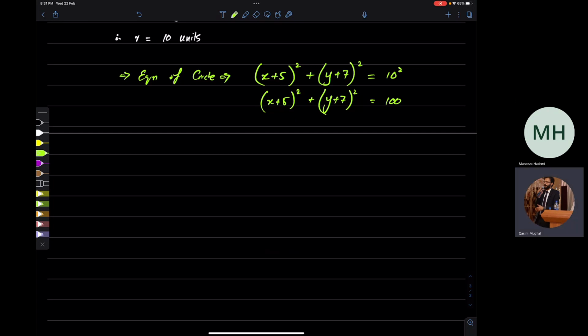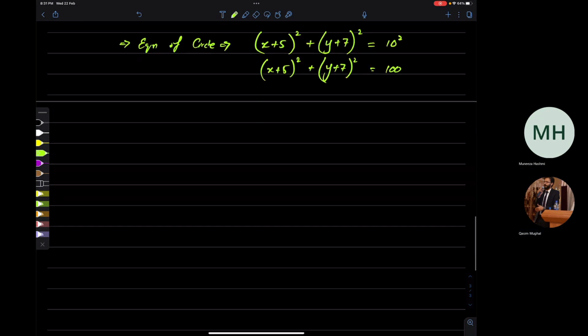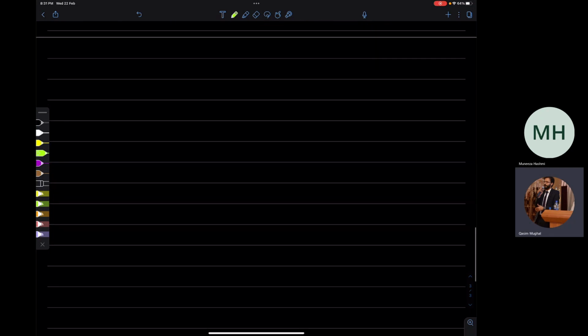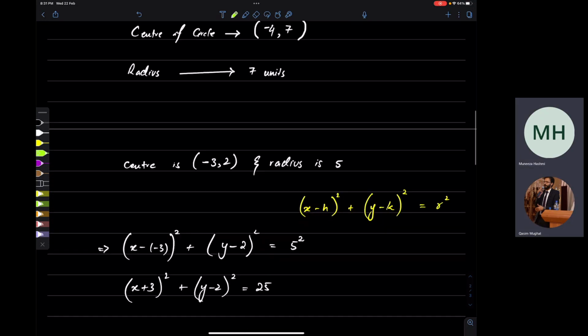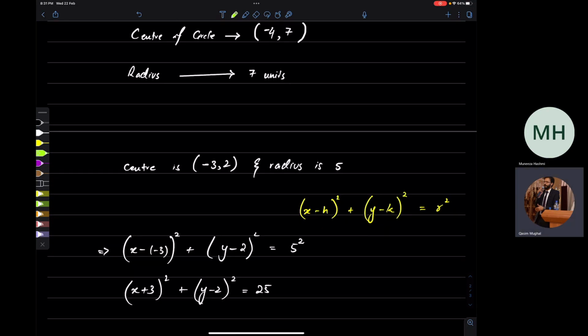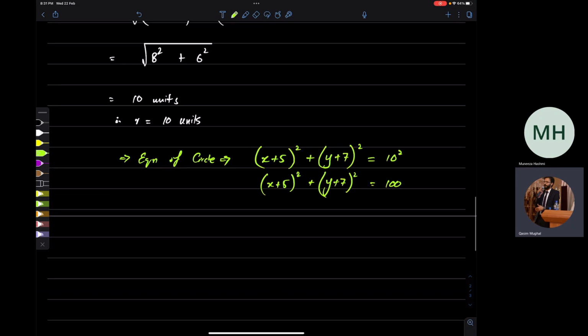Okay, now sometimes you need to find out the center and the radius both, and you are provided with the equation. What we've done is I gave you the center and the radius, and I asked you to write down its equation.